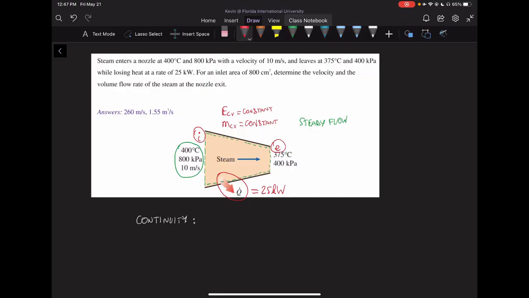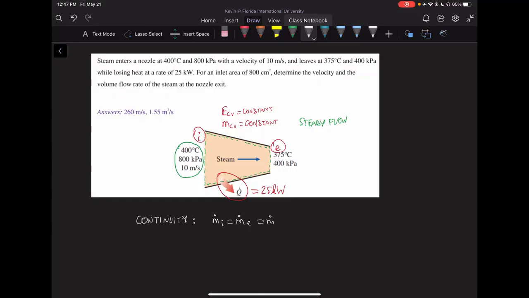So we can say that m dot i is equal to m dot e. The mass flow rate in is equal to the mass flow rate out. And we can call it just m dot in general.